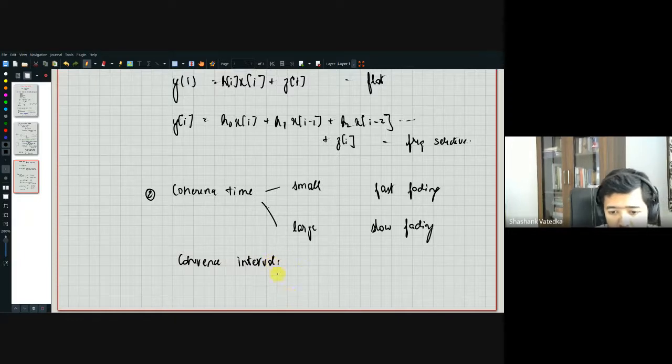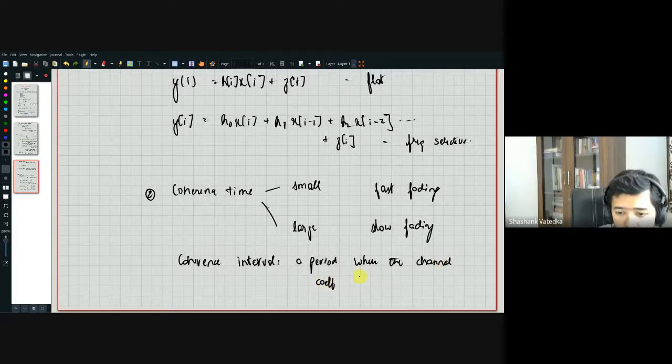So the coherence interval is a period where the channel coefficient h is constant.